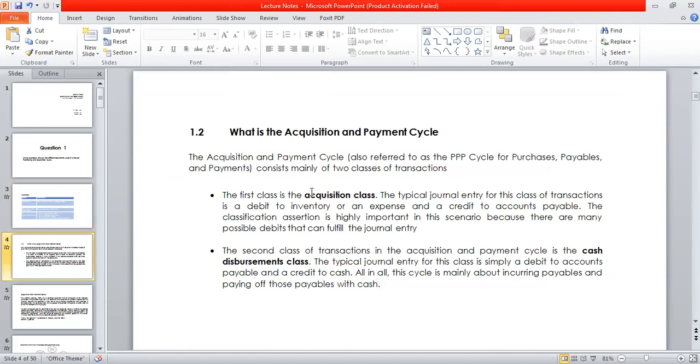This is a cycle, also referred to as the purchase, payables, and payments cycle, which consists mainly of two classes of transactions. The first class is the acquisition class, which mainly involves the acquisition of different assets.